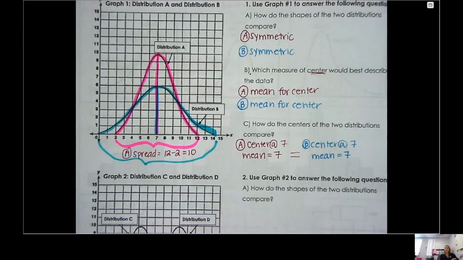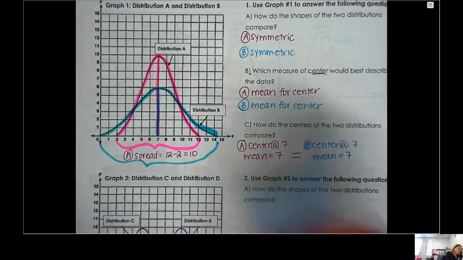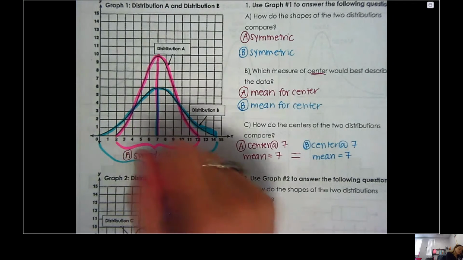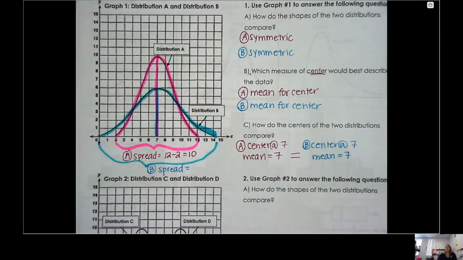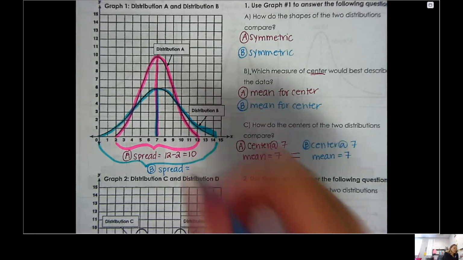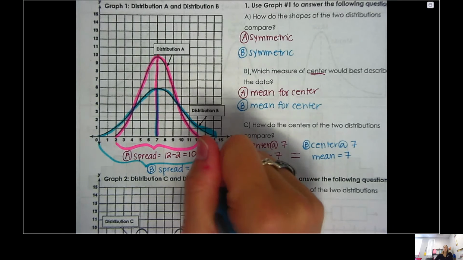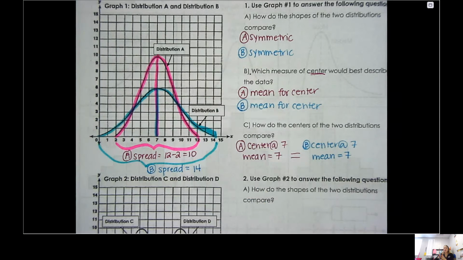What is your spread for B? Where does the blue graph start on the x-axis? 0. Where does it go all the way to? 14. So what is your spread for graph B? How many spaces is that from 0 to 14? 14. So which one has a greater spread of data, graph A or graph B?